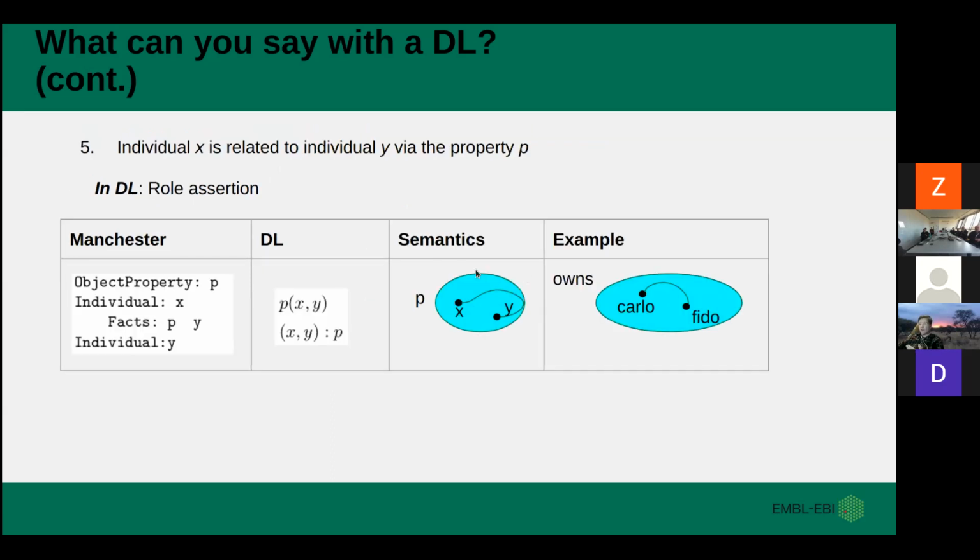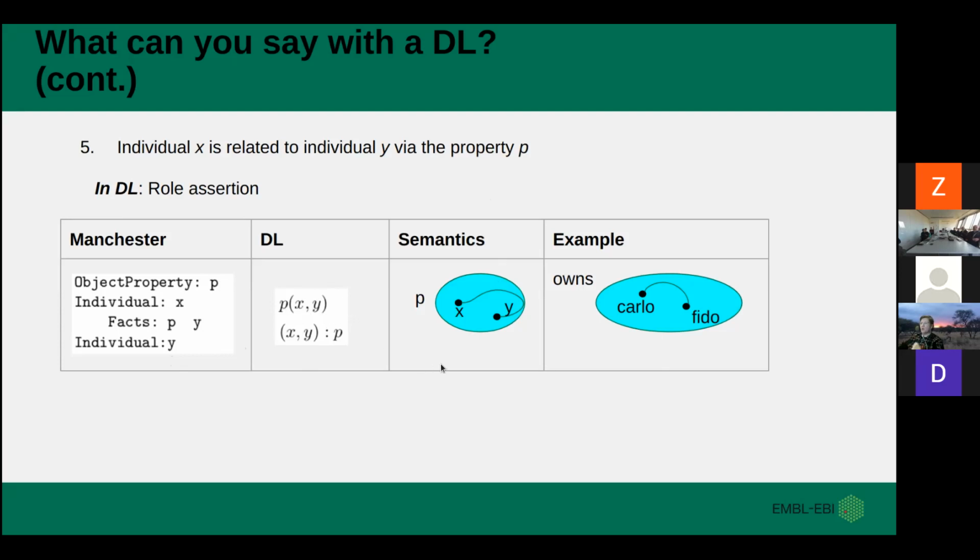Then you also have role assertions. That is to say that one individual relates to another individual. For that, you have defined some object property, and you have your individuals, and you define it as P related to Y. This is the DL syntax again. Again, two different kinds of syntax, and I will prefer the top syntax.